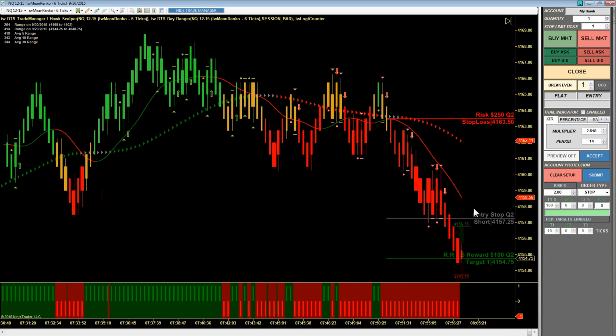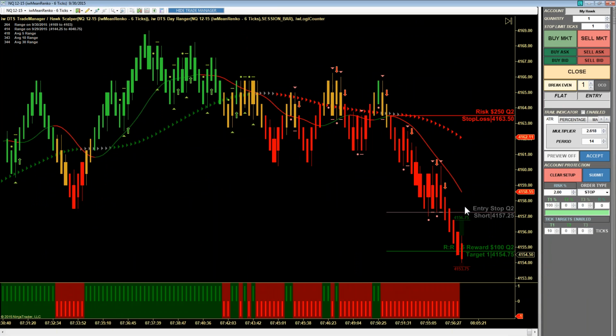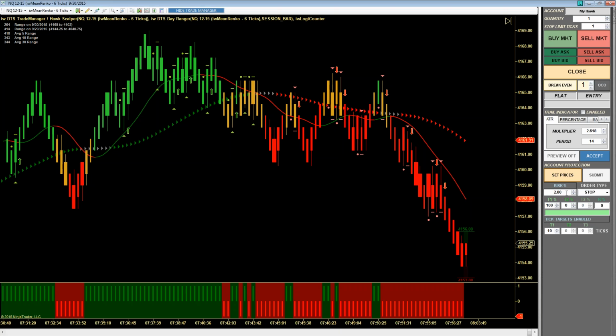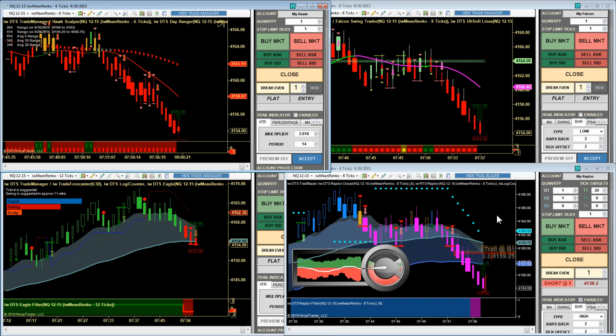Well, a couple owners said, can you make that so it's just a one-click system? And we said, sure. The difference, though, with the one-click system, you don't have this risk component built in. So you need to know approximately what your average position size would be.